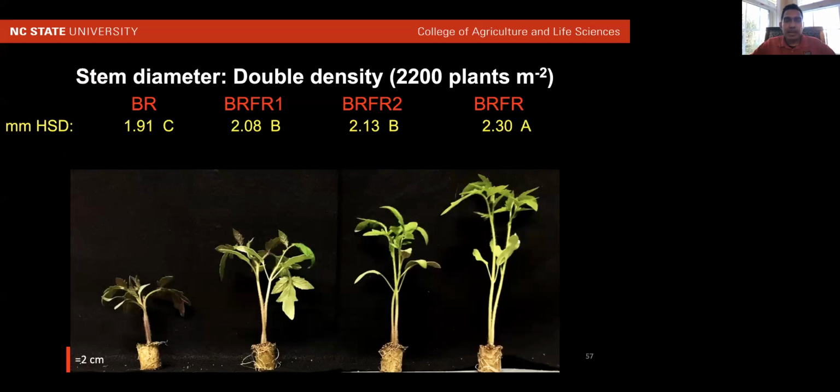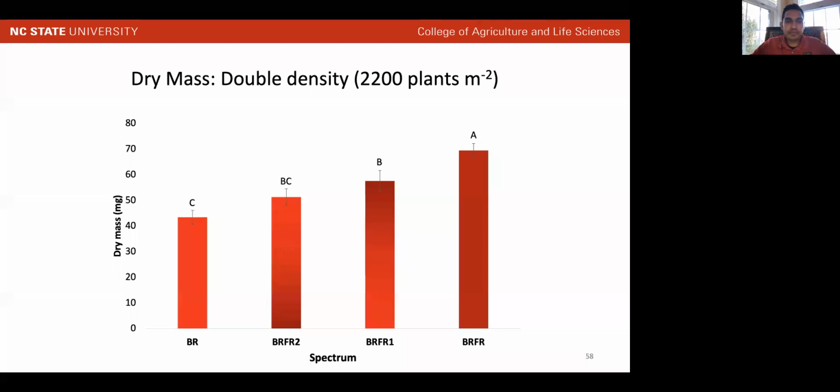Then you have stem diameter, which is very important for grafting. You can see how far red the entire time increased the stem diameter of the plant, and all of the far red treatments increased stem diameter compared to the ones without far red. And at the end, the dry mass allocation: here you can see the blue-red had lower dry mass at a 2,200 plant density, a very dense canopy, than the one with far red the entire time.